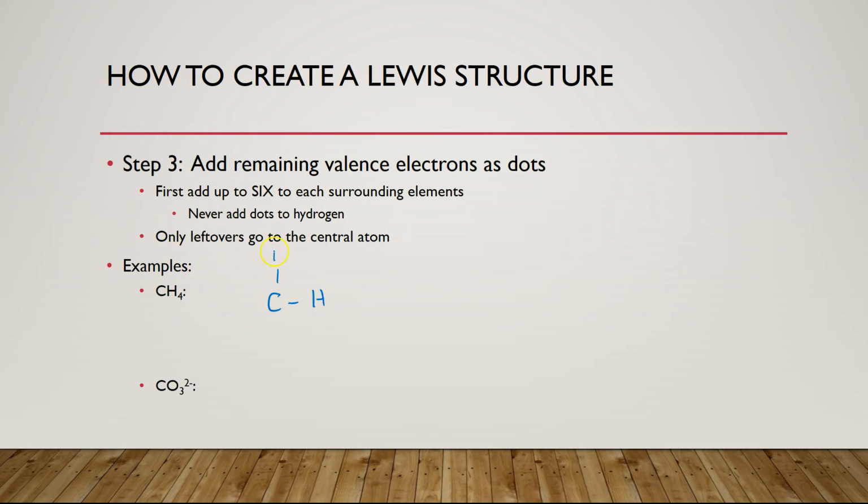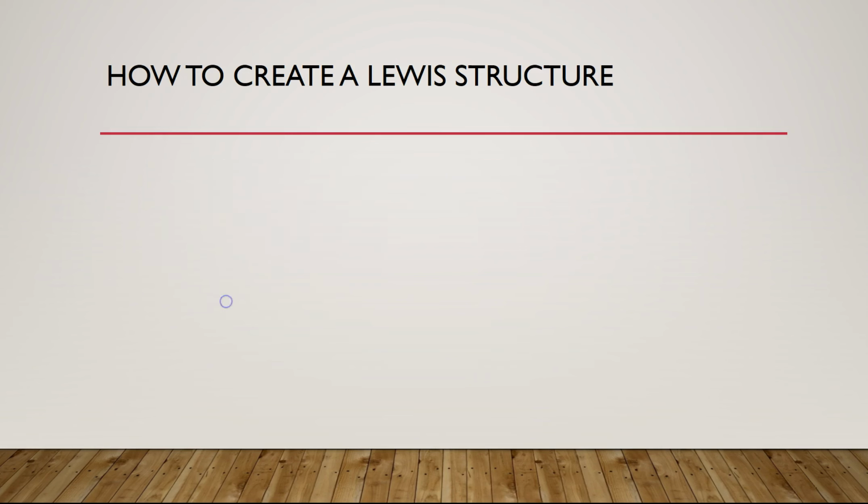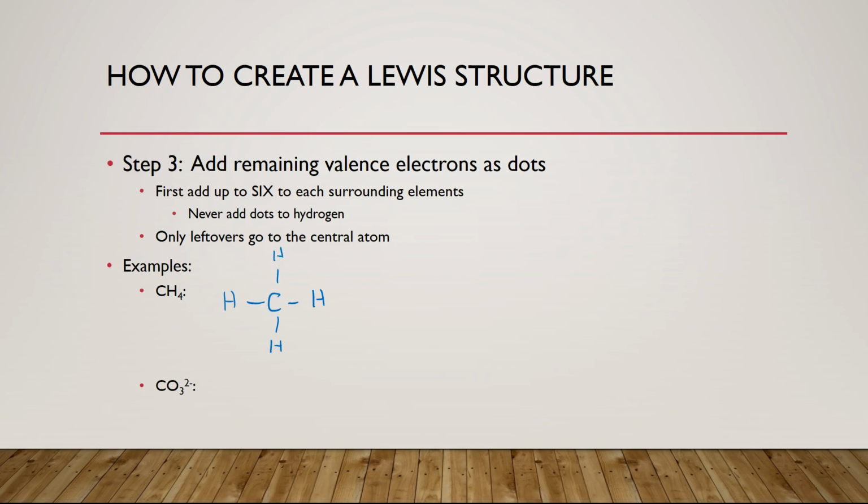H, H, H, and H. And for carbonate, I'm going to go C, O, O, and O. So those are the skeleton structures I already drew. I already calculated this at 8 valence electrons and this one at 24.